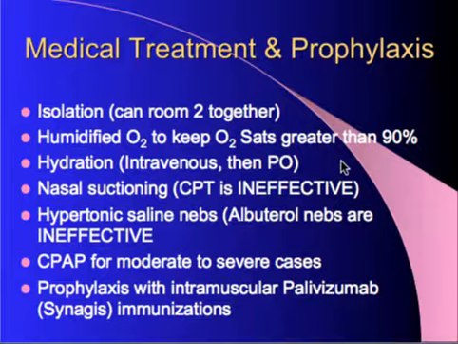Albuterol nebs are basically ineffective. They don't really work, and it just makes their heart rate well up over 200. CPAP for moderate to severe cases, and prophylaxis can be done with intramuscular injections of palivizumab or Synagis immunizations, which I'll get into at the end of this little screencast.